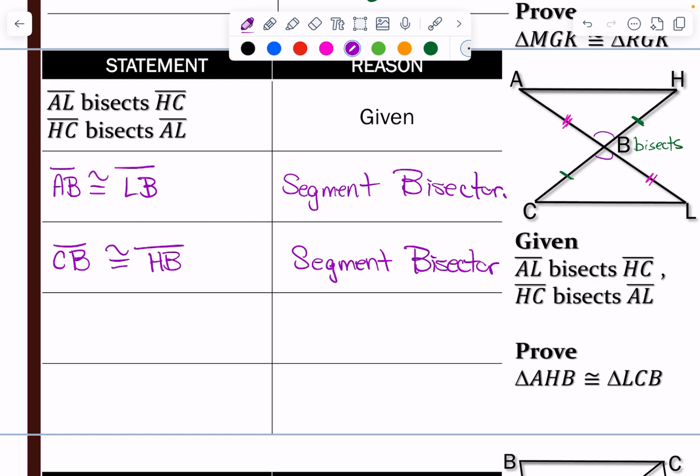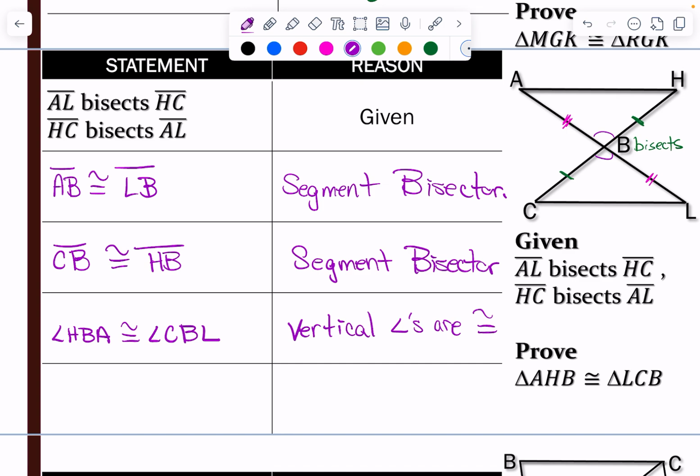Then I know that angle HBA is congruent to angle CBL. And I know that by the vertical angles are congruent.